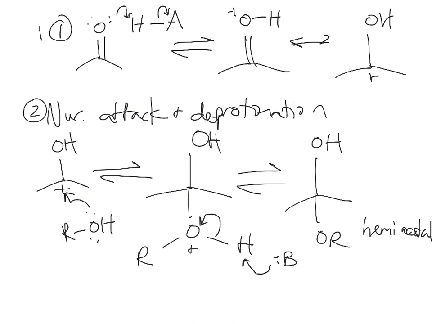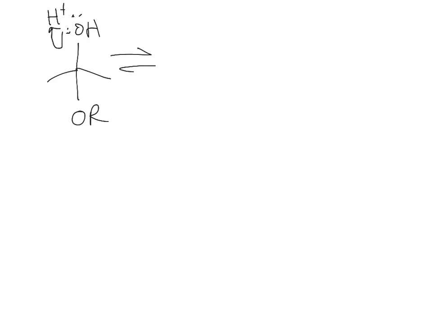Here's how it continues. Once you've formed your hemiacetal, you're still in aqueous acid. And so another H plus can come in and add to this oxygen. So this oxygen can come in and add to this H plus. After the alcohol is protonated, it makes it into a good leaving group because now you have water.